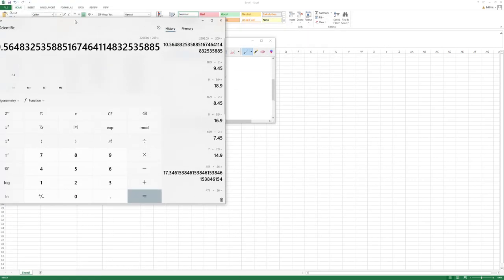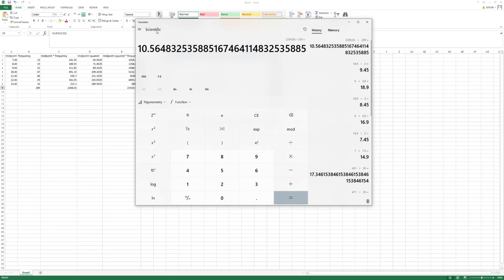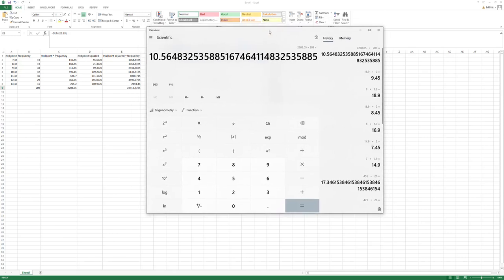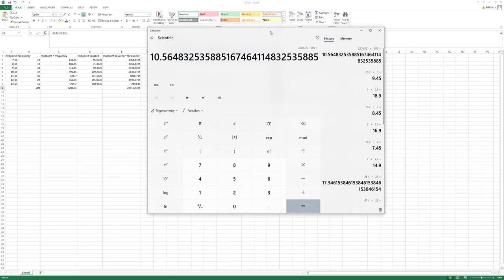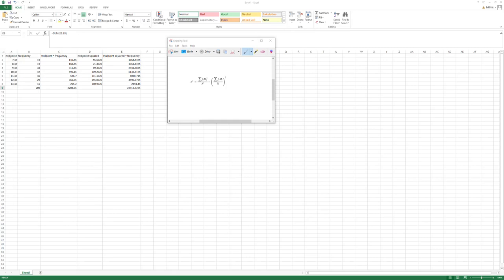Alright. And luckily, if you expand the scientific calculator in Windows, it does save your values over here, so you won't have to go back and redo them. But I do need to do the 23, let's see, 23,910.9225, and then divide that by the frequency, which was 209.